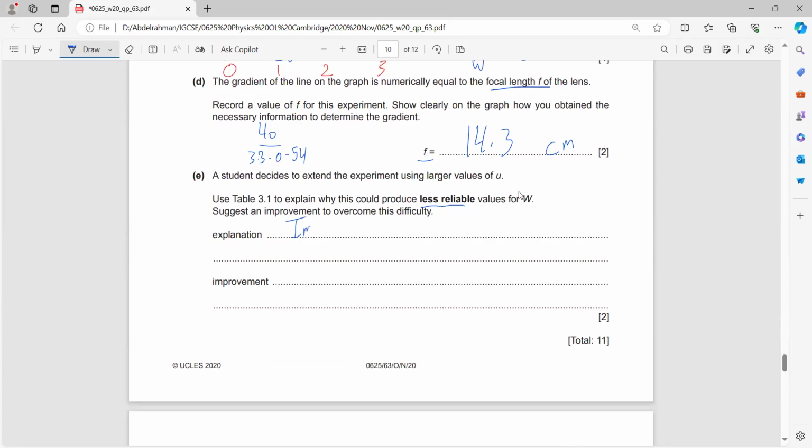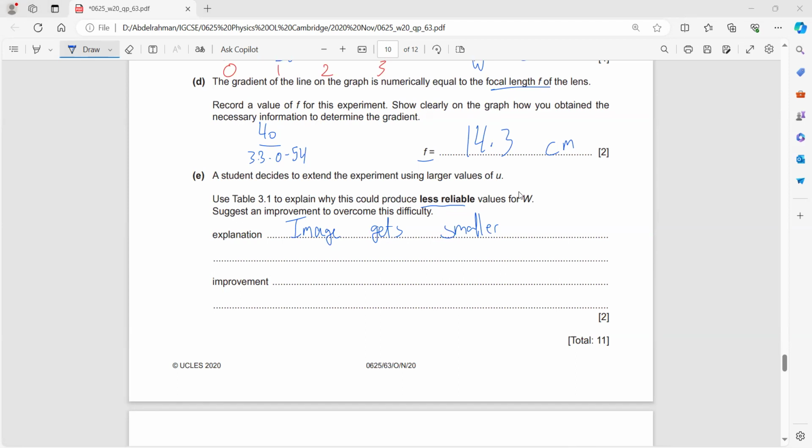The image gets smaller, okay? And it becomes more difficult for me to measure the distance or measure the height of this image. What is one improvement? How can I make it even better? If the image is getting smaller, can I use a larger object? Yes, I can use a larger object.